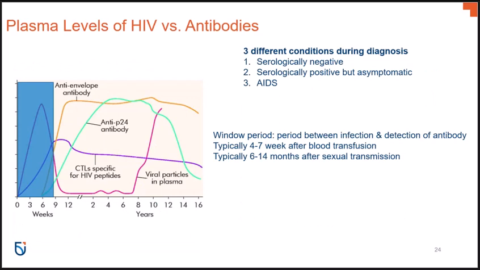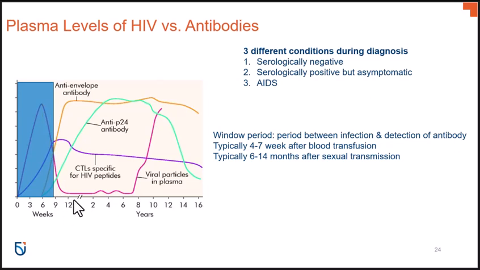We're going to look at plasma levels of HIV, so the actual virus itself, versus antibodies, and what levels are present at what time. What we see happening initially, this line here, is representing the viral particles in the plasma. At the very start after infection, there's a sharp increase in the viral particles, and then it drops down.